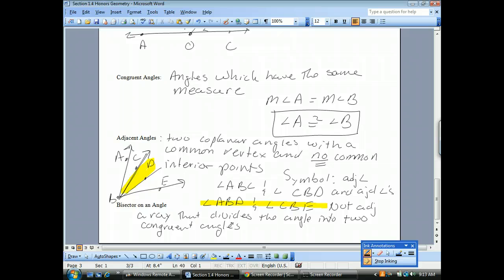Okay, so I kind of ran out of room here, but if this is angle ABC, and we have ray BD, and this angle is 30 degrees, and this angle is 30 degrees, then we know that we have congruent angles. Okay, because measure of angle ABD is equal to measure of angle DBC. So therefore, angle ABD is congruent to angle DBC.